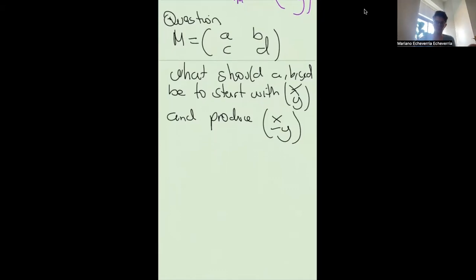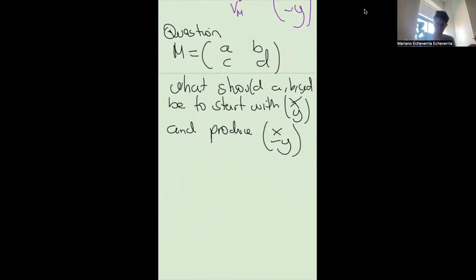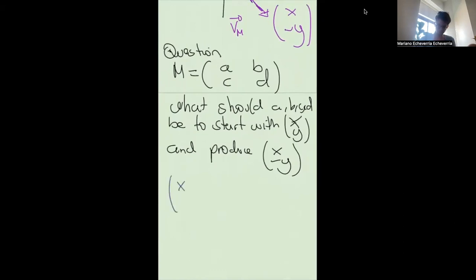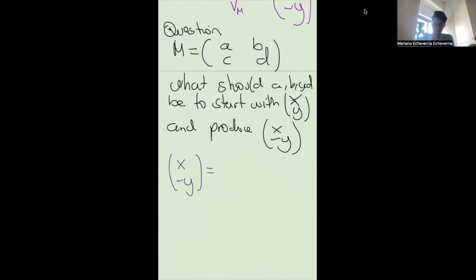So let's think about that. This is a vector that I want to end up with. What I'm saying is that this vector you can write as 1x, there's no y, so let me put plus 0y.